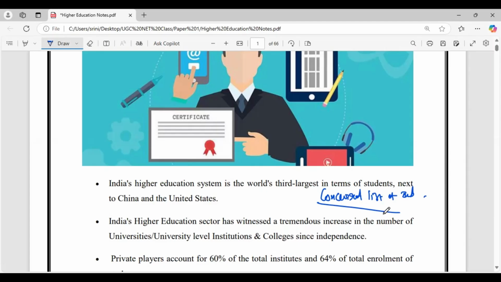The union government does not provide any funding to state universities. They make policies regarding the education system, which should be applicable to all states of India.